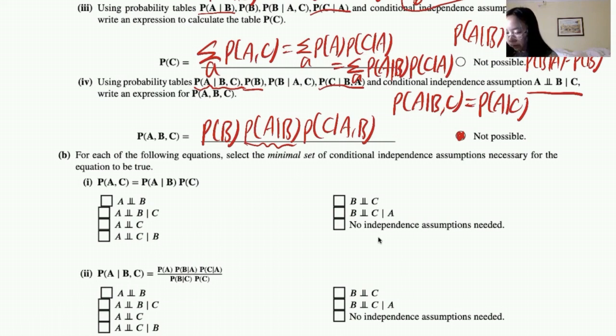According to the chain rule, probability of AC is equal to probability of C multiplied by probability of A given C.